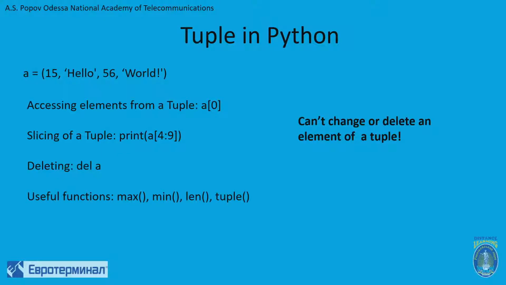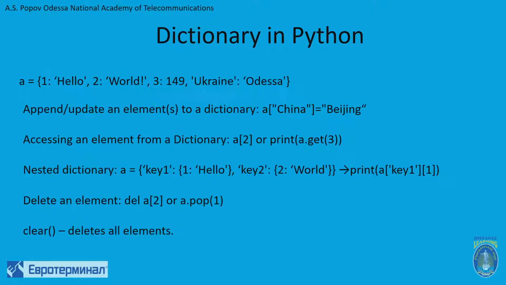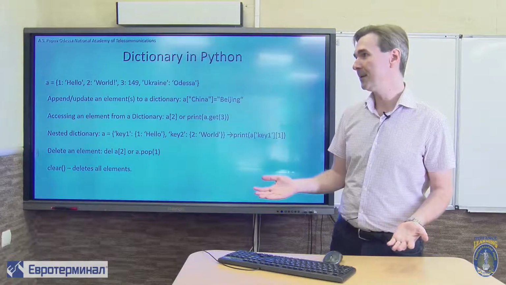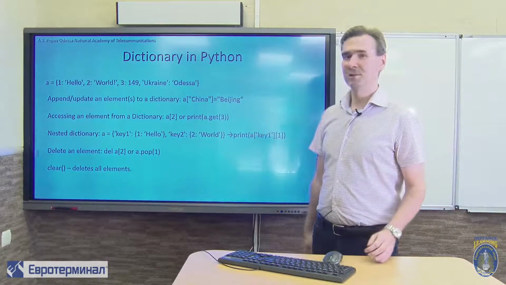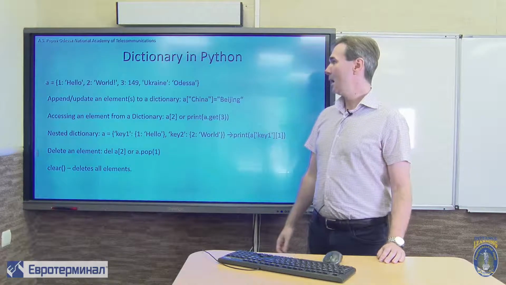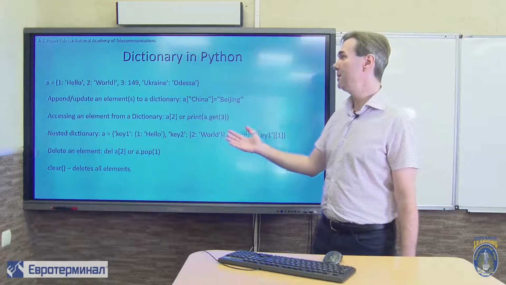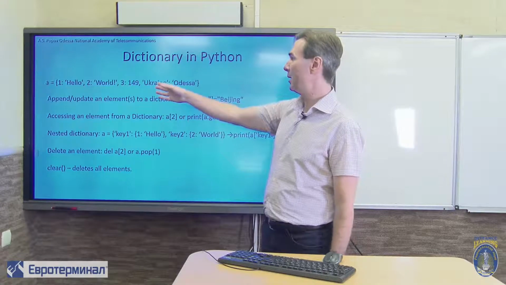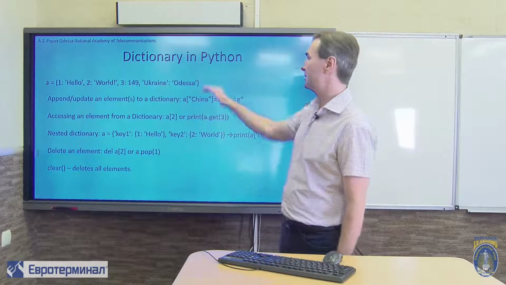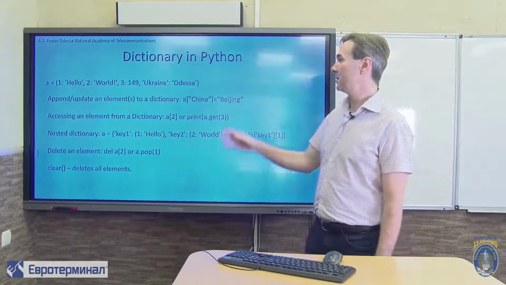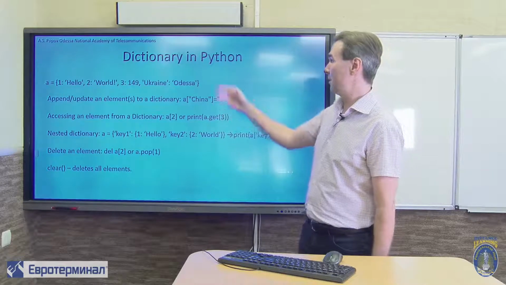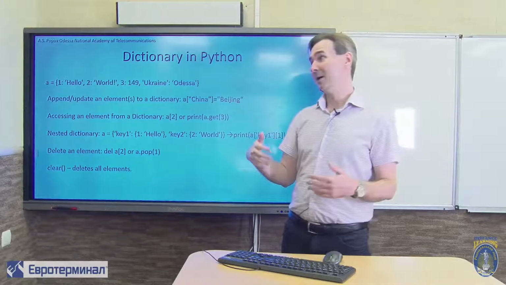All right, so let's move to another type of object to store data, which is the dictionary. A dictionary is a collection of data, but it has an interesting feature. You don't use indexes here, you use keys, and in our example at the top of the slide, 1, 2, 3 or Ukraine are just keys.